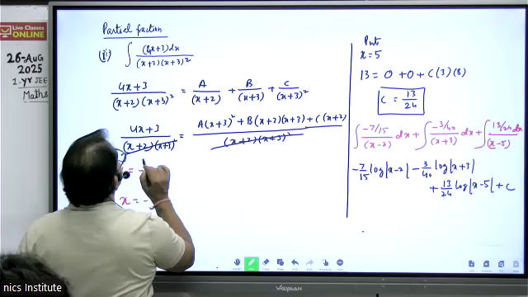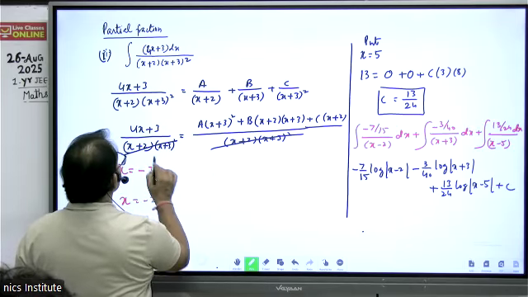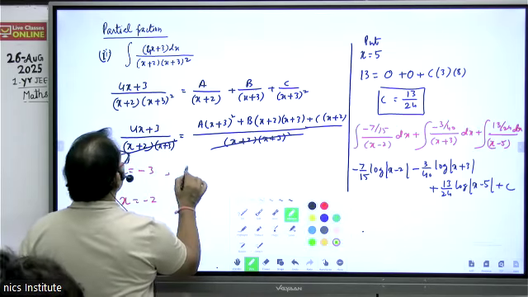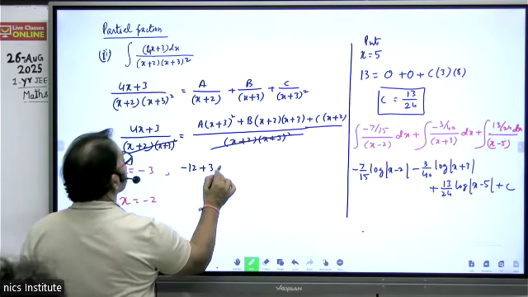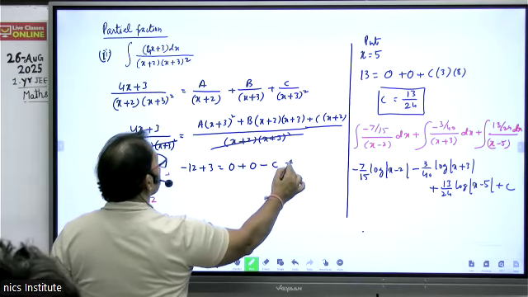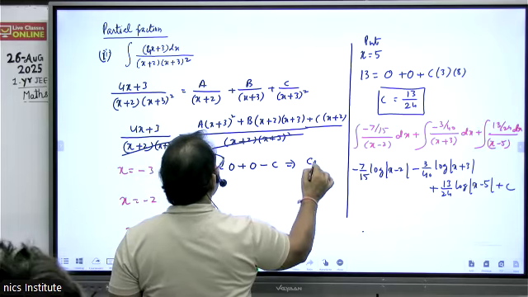So when I substitute x equal to minus 3 here, this is 0. On the left side, it will be minus 12 plus 3. This is 0, this is 0, and this is minus c. C is coming out to be 9.